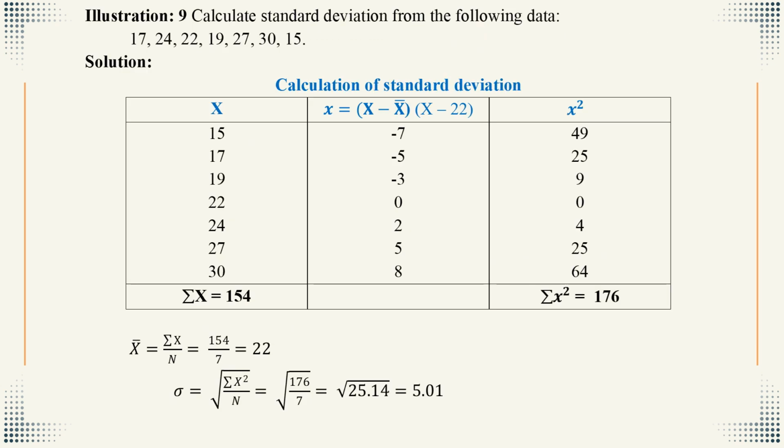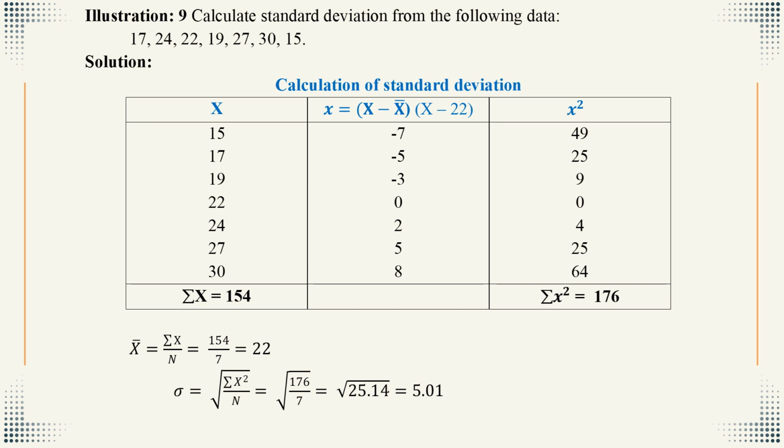Now let us see the illustration. Here the illustration has been given to calculate the standard deviation for individual observations. Only variables have been given, not in ascending or descending order, but we have to make it ascending. Three columns should be prepared: one for x, the variables, and the second small x, that is x minus x bar.